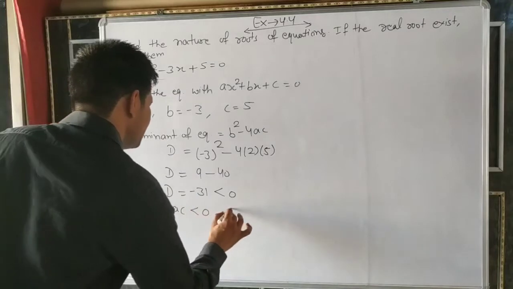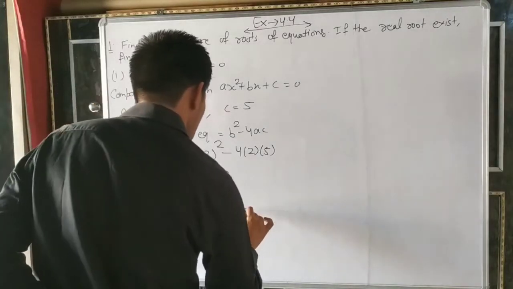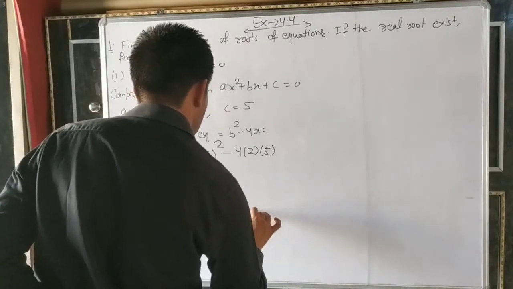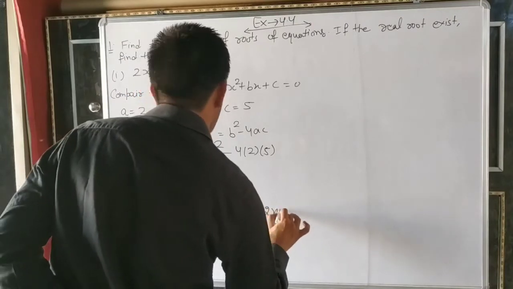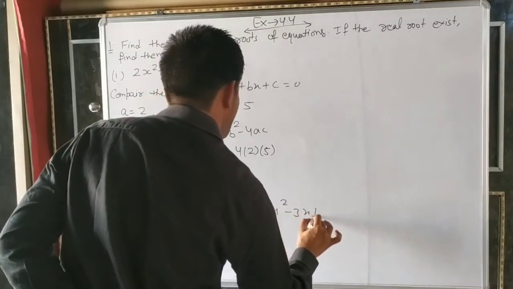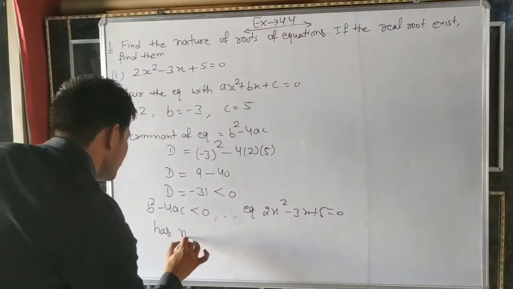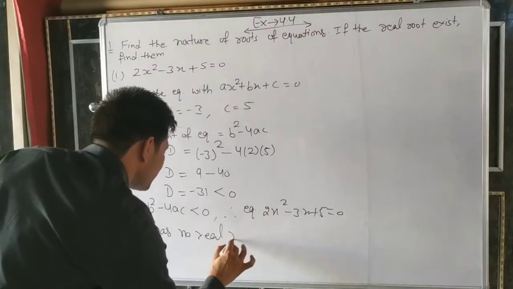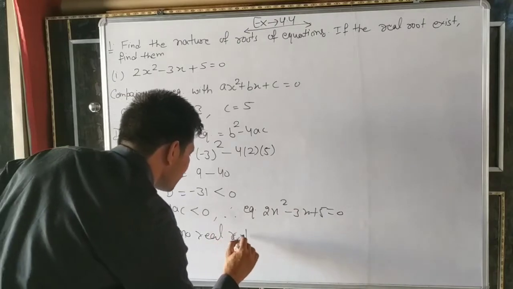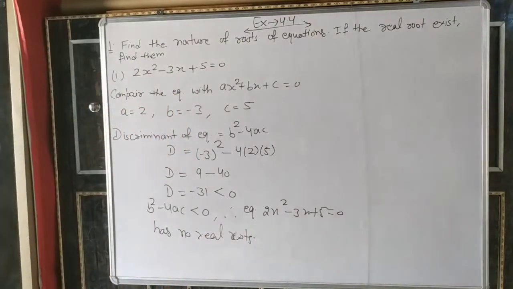So you can write, therefore, the equation 2x square minus 3x plus 5 equal to 0 has no real roots. But in the question it is given: if real roots exist, then find them.